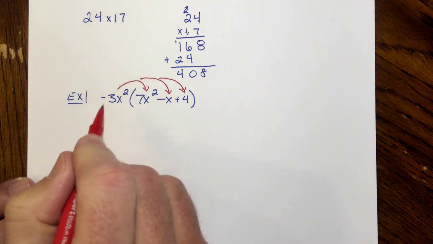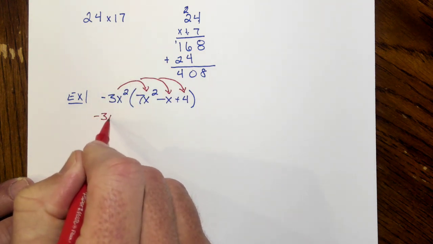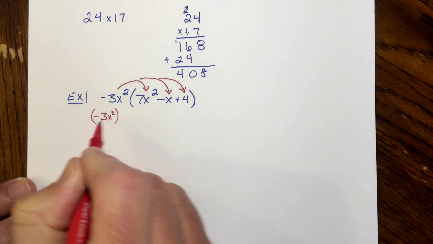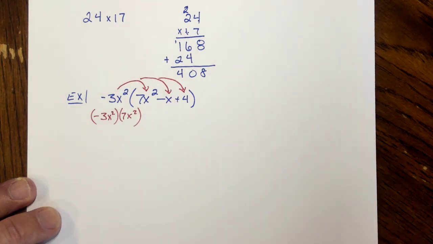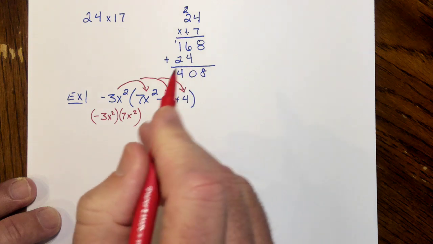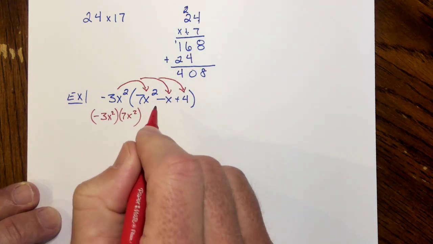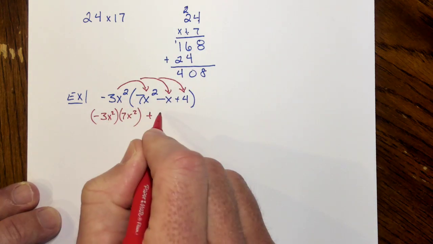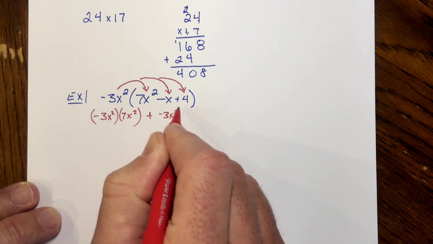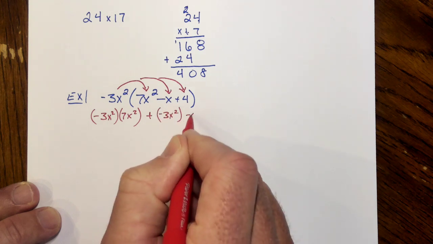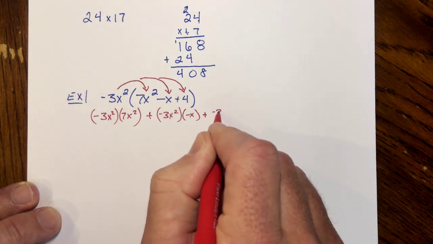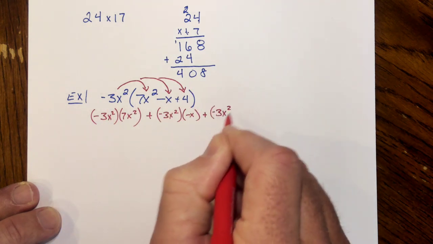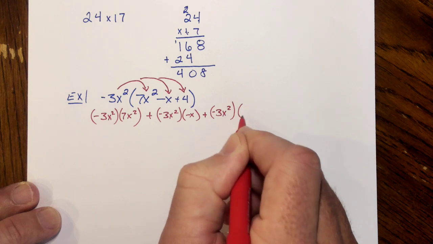In your head, though, I'm going to write it out on paper. Negative 3x squared times 7x squared. Our properties from the previous chapter come into play. And then we will add to it negative 3x squared times negative x. And then we'll add to it negative 3x squared times 4.